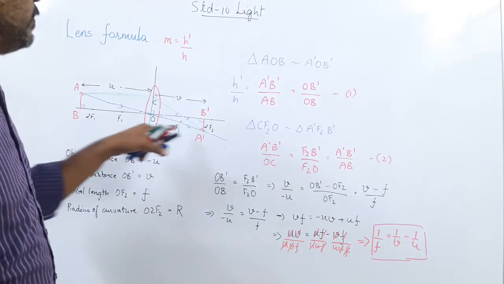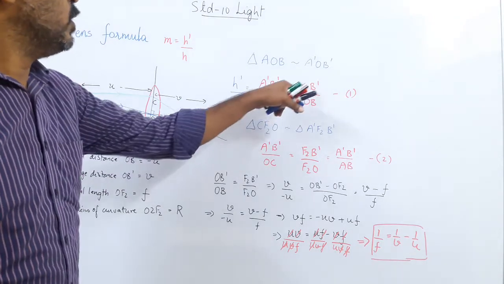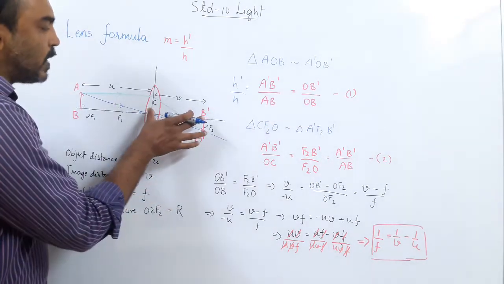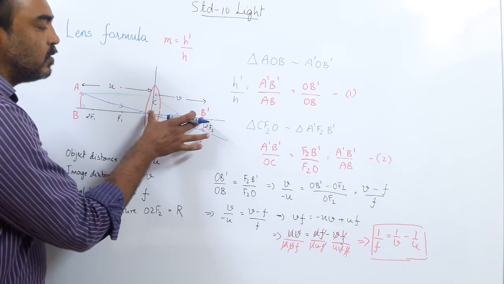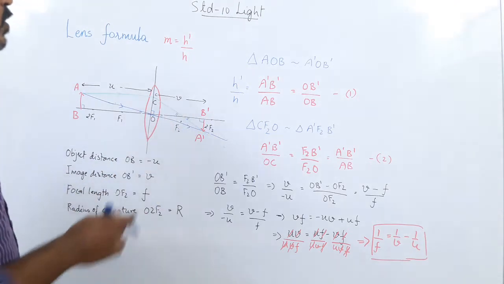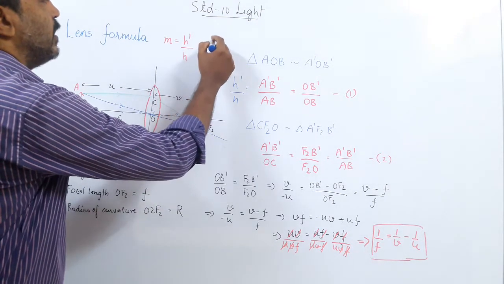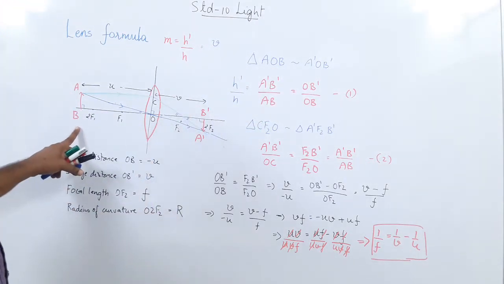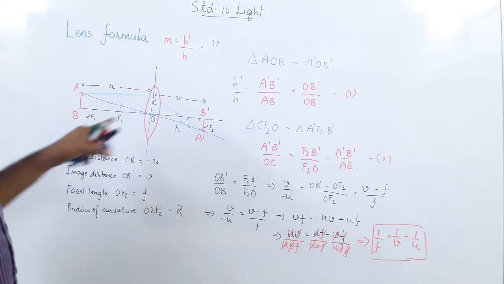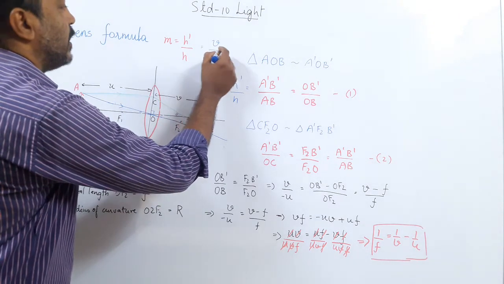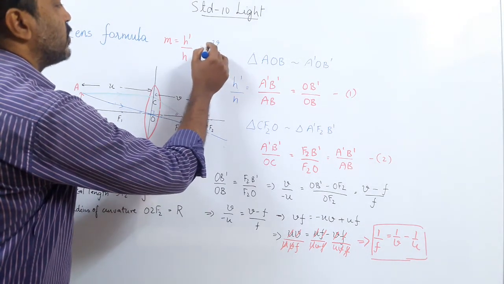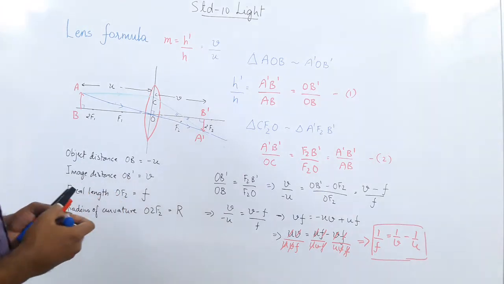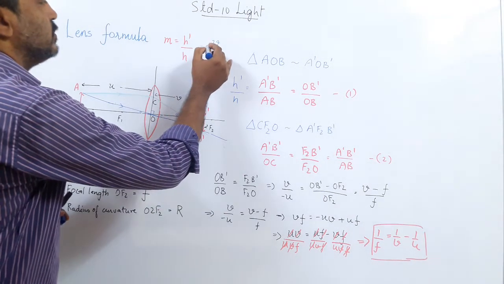That is magnification. So H prime upon H is A prime B prime upon AB, but that is equal to OB prime upon OB. What is OB prime? OB prime is nothing but the image, formed at V. And OB is the object distance, that is minus U, because it is on the left side.